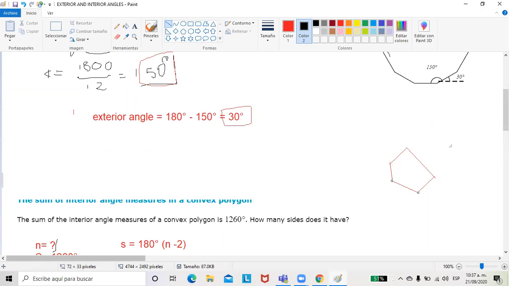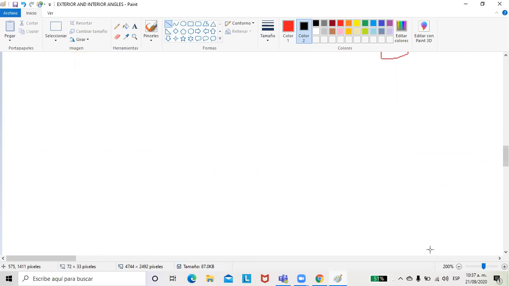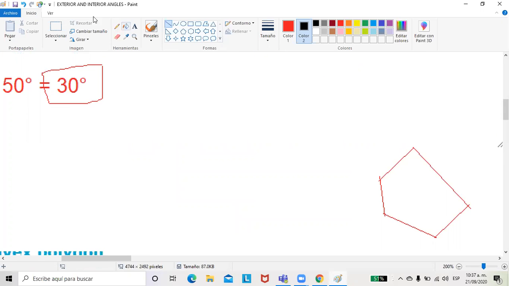But it's not regular because the measures of these angles are not the same. They have different measures. Also the measure of the sides is not the same.